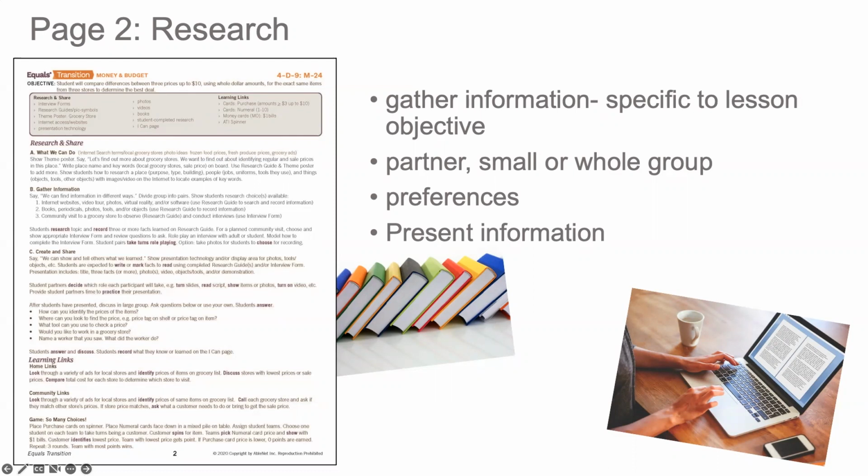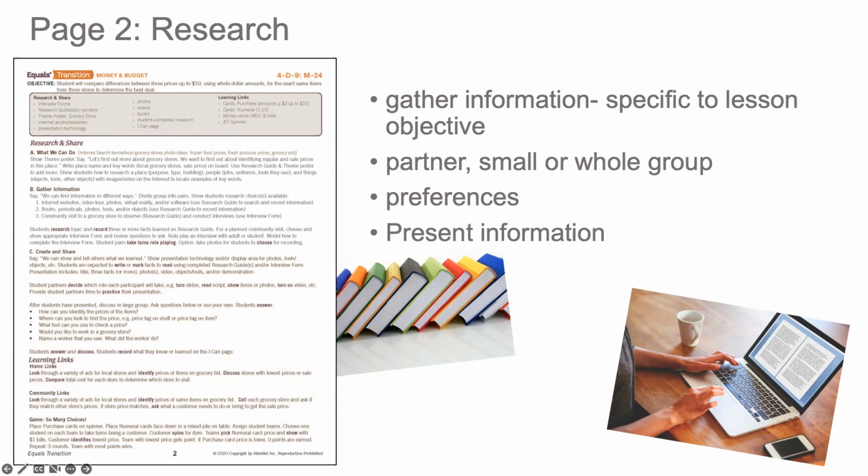To complete research, students are asked to use the internet, photos, virtual or live tours, community visits, books, or even interviews with members of the community. Think about research in terms of what you know about your students and what will work best for your class. After students research, they take what was learned and present the information using presentation software or their completed research guide.